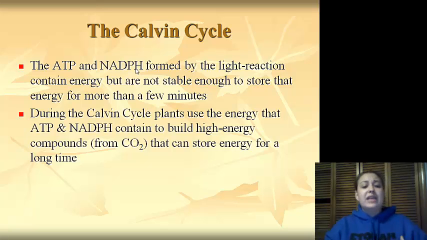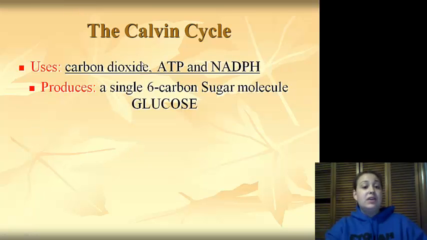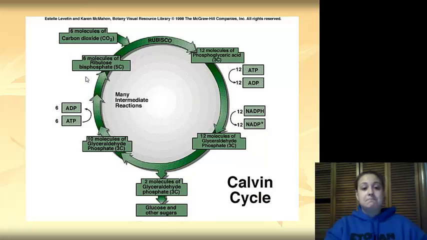So we must create sugars so that we can store the energy for a long time. We take carbon dioxide, the ATP, and the NADPH, and we produce glucose, which we can then store for a very long time. So in the Calvin cycle, we take our 6 carbon dioxide, use our ATP and our NADPH, and produce glucose.